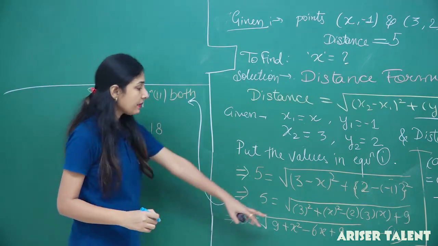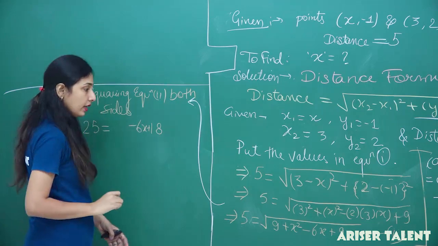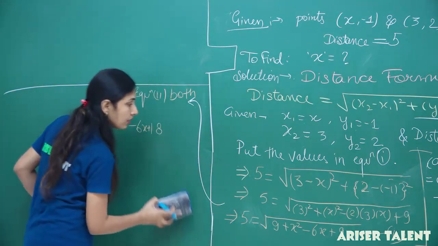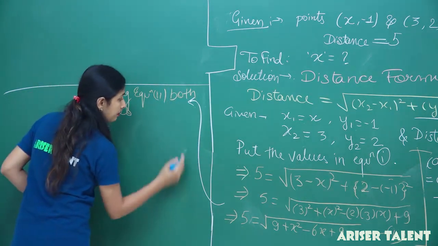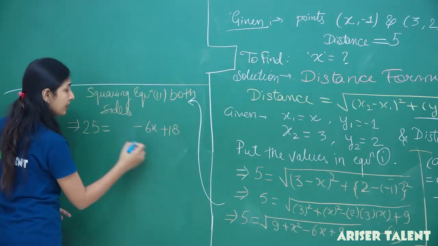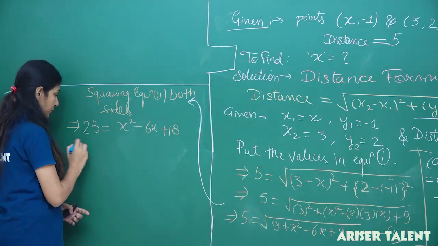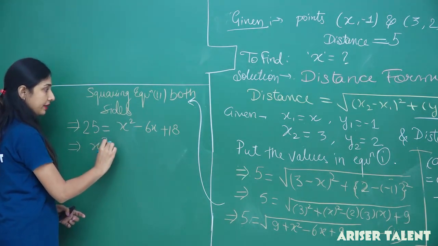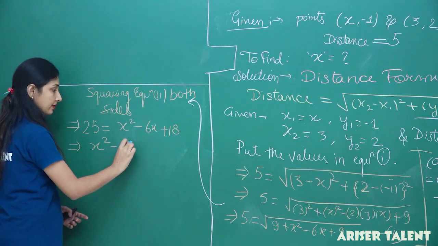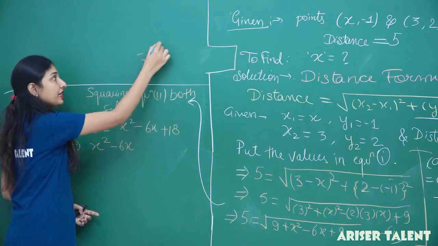Now, the term of x is minus 6x, so minus 6x here, plus 18 minus 6x here and plus x square. Okay.